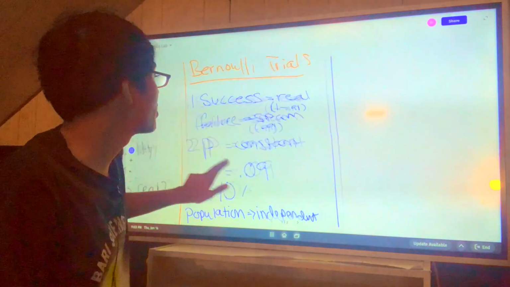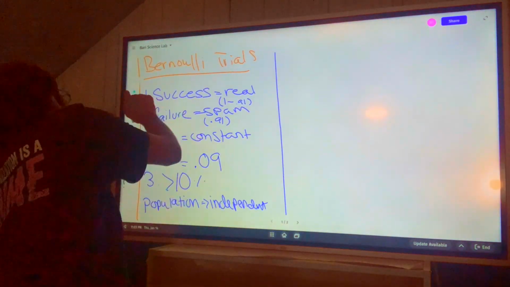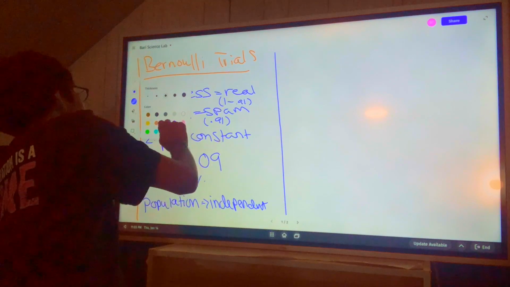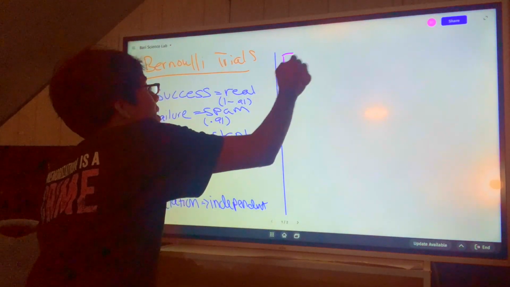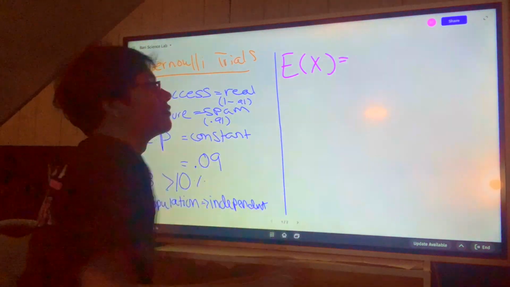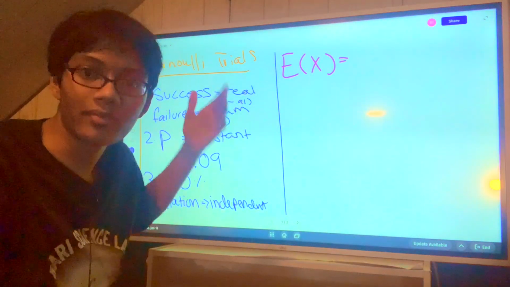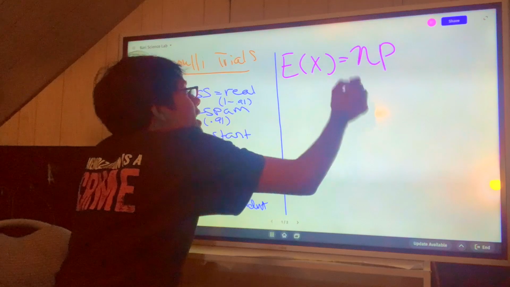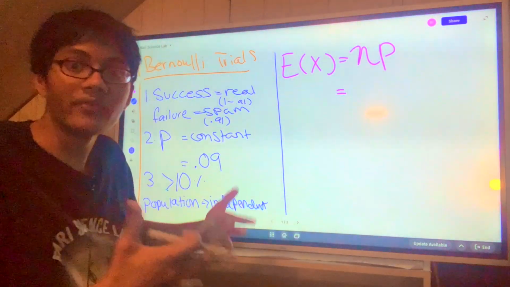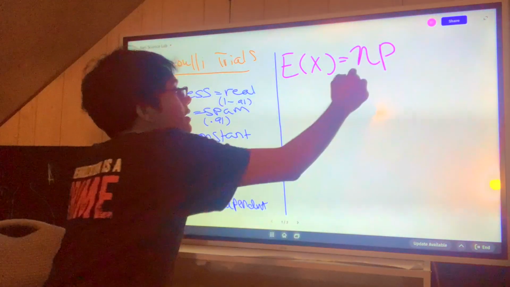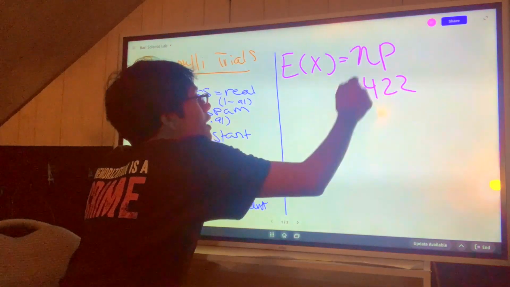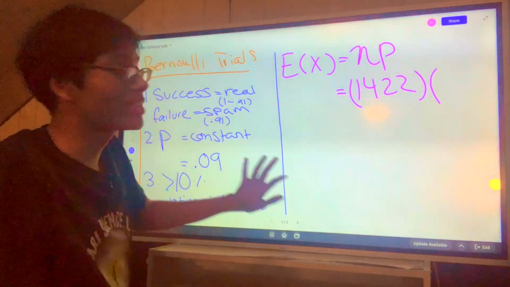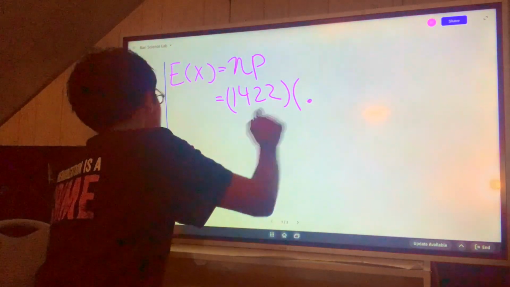So how do we use a normal model for this? Remember, the normal model tells us the expected value of a continuous probability distribution like this is np. Here n is the total number of emails you're looking at, in our case 1422, multiplied by your probability of success, which in our case is 9%.